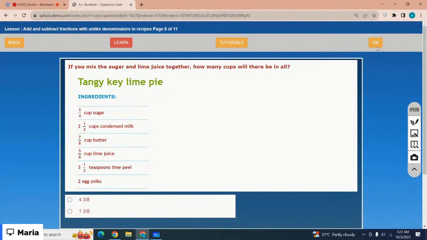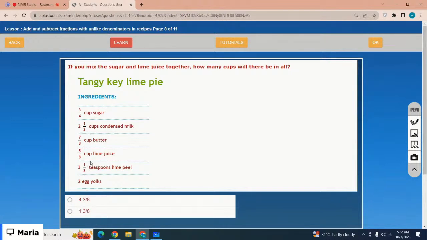Okay, the next one is if you mix the sugar and lime juice together, how many cups will there be in all? Sugar and lime juice. Sugar is 3 by 4 and lime juice is 5 over 8. So, which is the correct option?